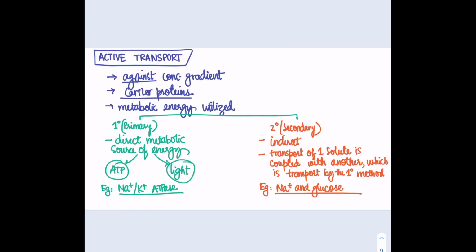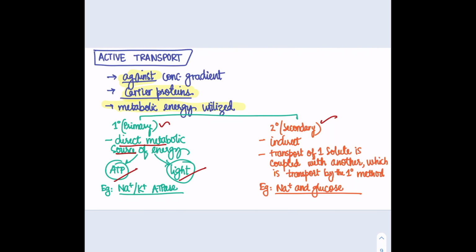Now coming to active transportation, which can be made against the concentration gradient, it definitely needs the assistance of a carrier protein. Since you are going against the gradient, an input of metabolic energy is also required. This further is divided into primary or secondary type. Primary requires a direct metabolic source of energy that can be in the form of ATP hydrolysis, or light in the case of halobacteria.